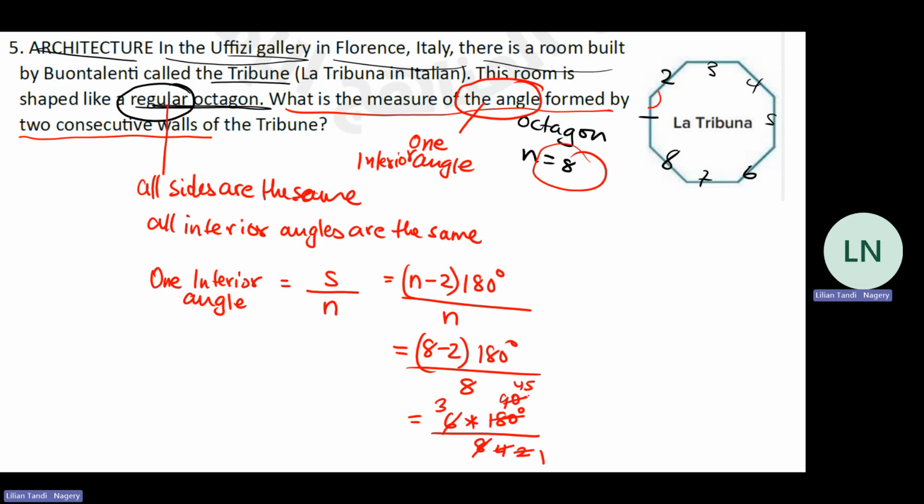Well, use your calculator. What is 3 times 45? 45, 45, 45. If I add this, I should get 15. And 4 times 3 is 12. So this is 135. So what is the measure of the angle formed by the two consecutive walls?